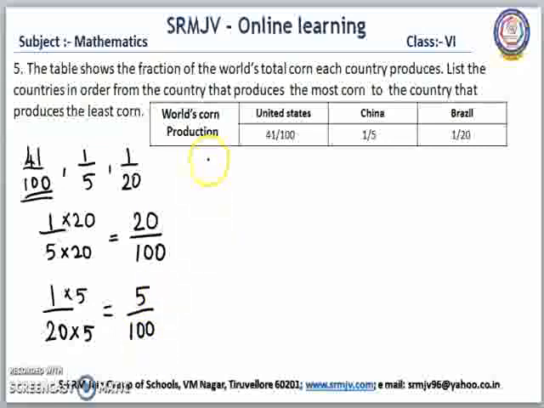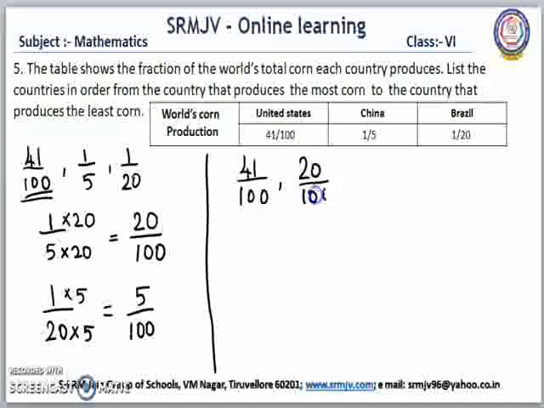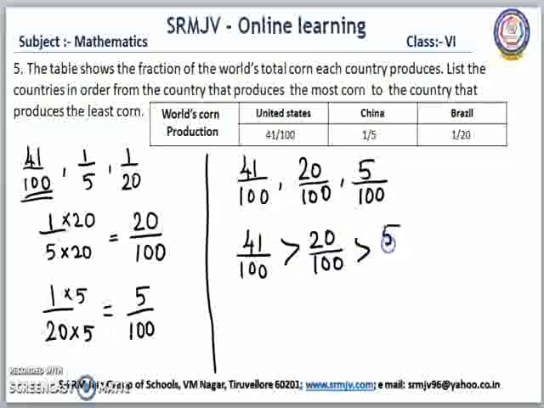Now, we have to compare and arrange from the greatest one to the least one. 41 by 100. The second one, 20 by 100. Then, 5 by 100. Which is the greater one? 41 by 100 is the greater one. Then second, 20 by 100. Then 5 by 100 is the least one. Now we have to arrange the fractions for the given question.